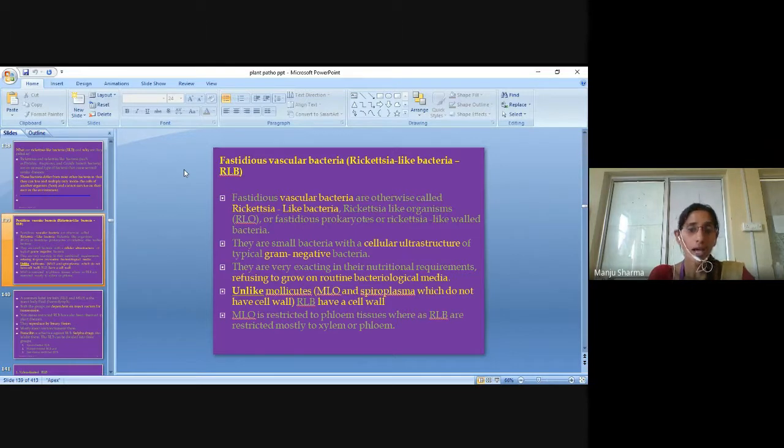They are small bacteria with a cellular ultrastructure of typical gram-negative bacteria. They are very exacting in their nutritional requirement, refusing to grow on routine bacteriological media.